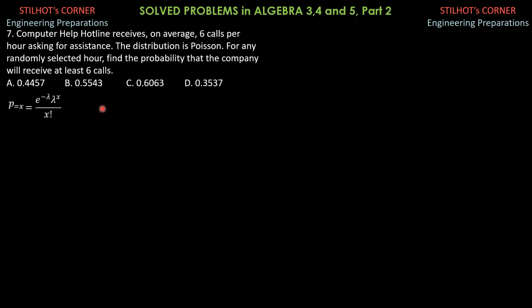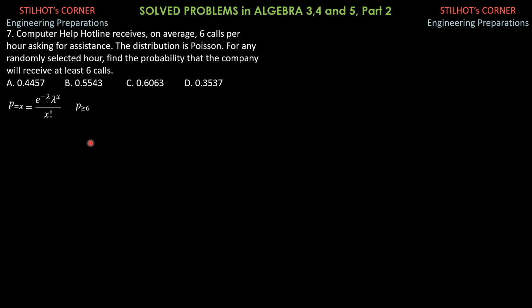But to make it easier to calculate, we should compute the area lying to the left, and therefore it is 1 minus the area which corresponds to 0 calls, 1 call, 2, 3, up to 5 calls.